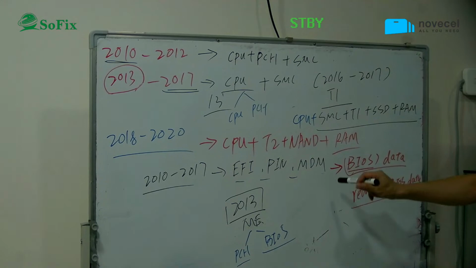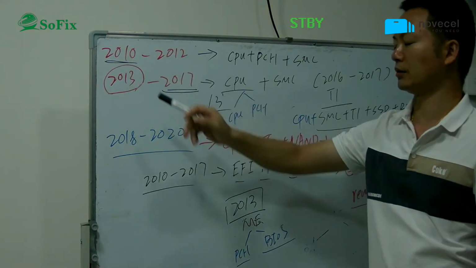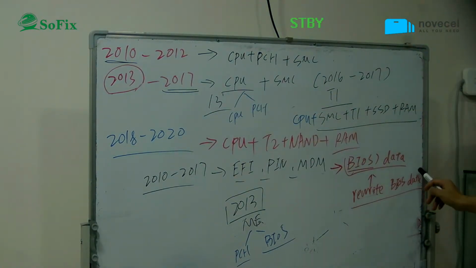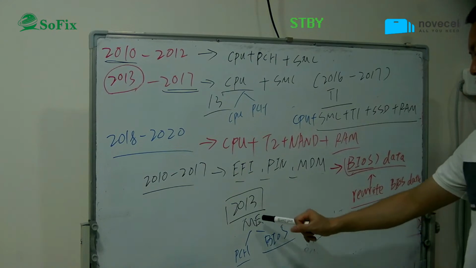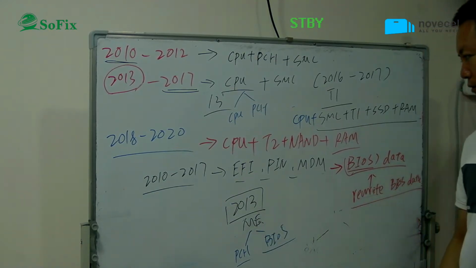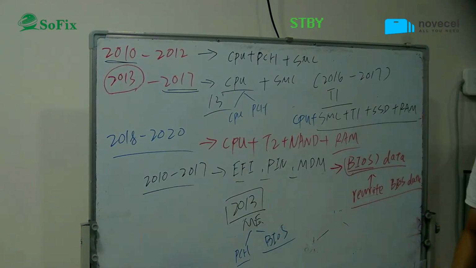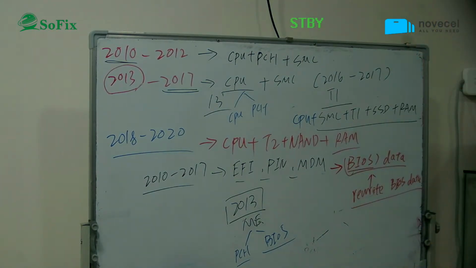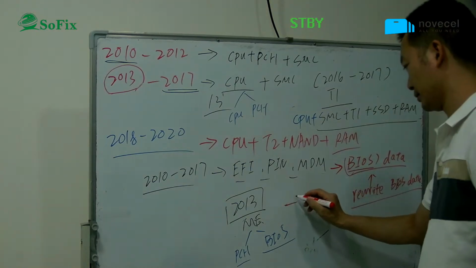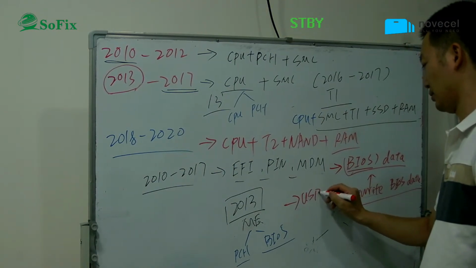Before that, from 2010 to 2012, you can remove the BIOS chip from the slim motherboard. But from 2013, you must write the ME data. You can use the UBox tool to write the ME.